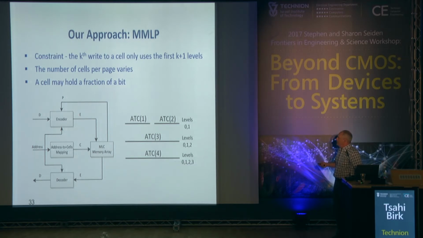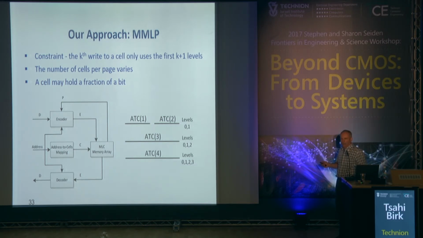The first page, we use n cells and level 0 and 1, conventional, fast writing. Second page, we use the other n cells, level 0 and 1, so far so good, fast writing. The third page, we use all 2n cells, so we basically place half a bit per cell from this page, and we know how to encode in a manner that we only need to use level 0, 1, and 2. We do not touch level 3.